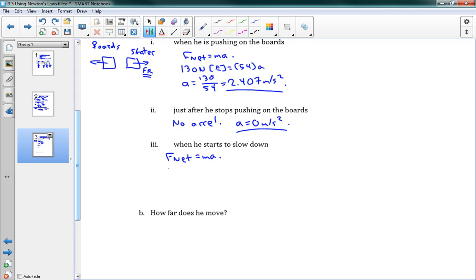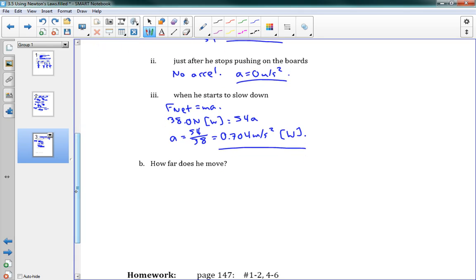We know that the net force here is 38 newtons west, and that equals his mass, 54, times his acceleration. So a is equal to 54 over 38, which is equal to 0.704 meters per second squared in the west direction.